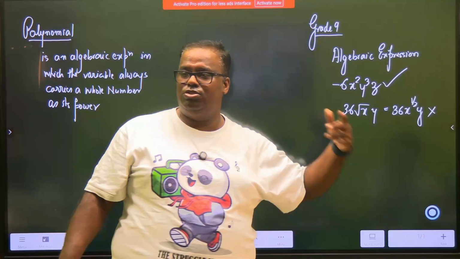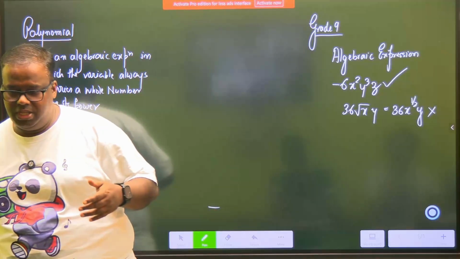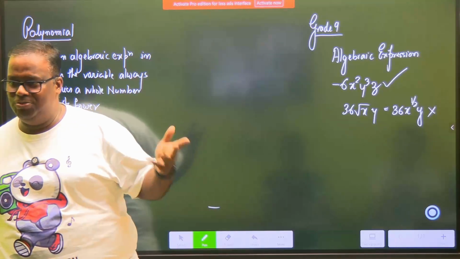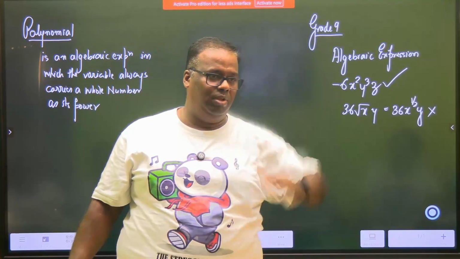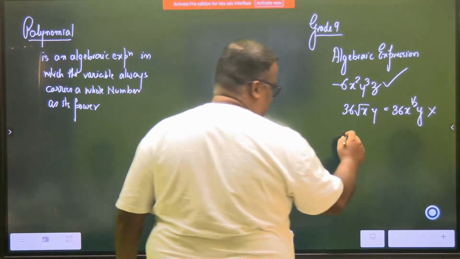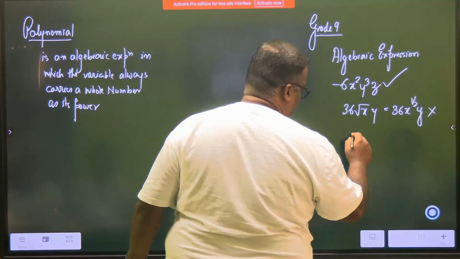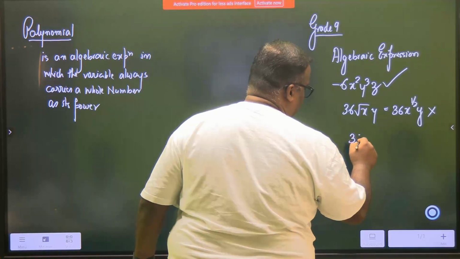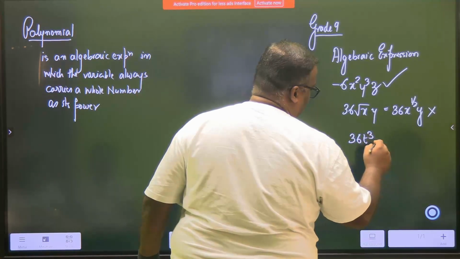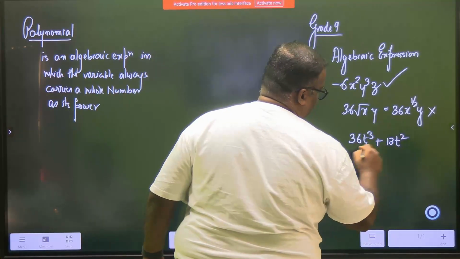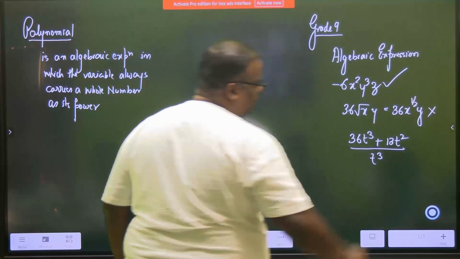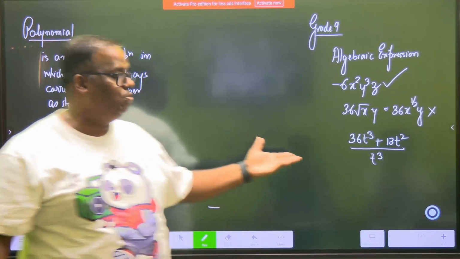In grade 9, you used to first have one exercise where they used to say, identify which are polynomials. In order to identify, you should compare everything at the ground level. Say somebody gives you a problem like this: 36 t cube plus 13 t square divided by t cube, and they ask you, identify whether this is a polynomial or not.